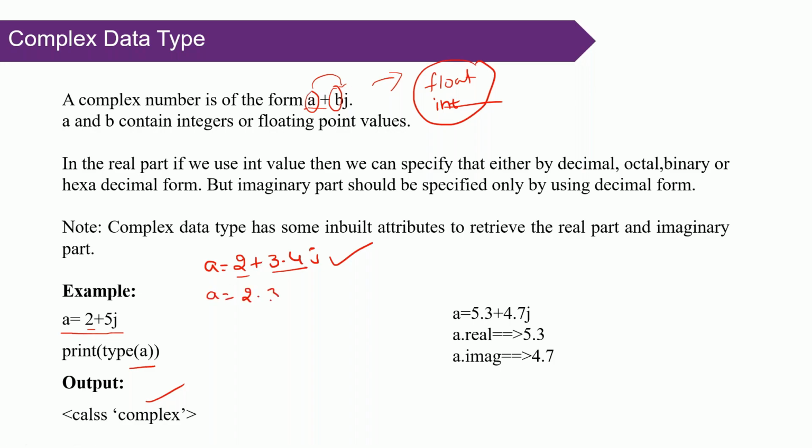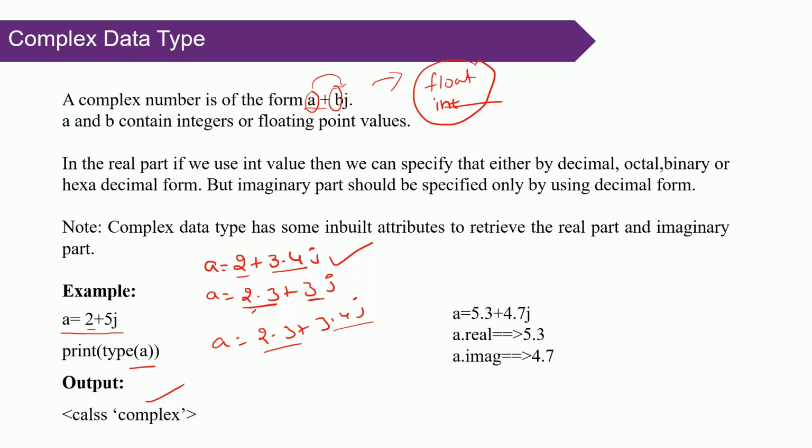A is equal to 2.3 plus 3j. Here A is 2.3, B is 3. This is the float value, this is an integer value, not a problem. Finally, 2.3 plus 3.4j. This is a float value, this is a float value. I think you got the meaning. A and B are any combinations of integers and floats.